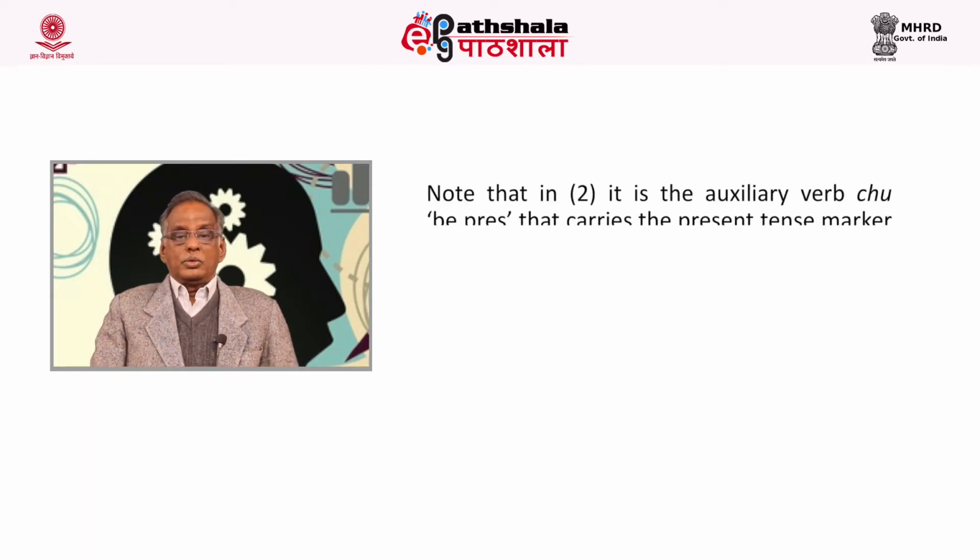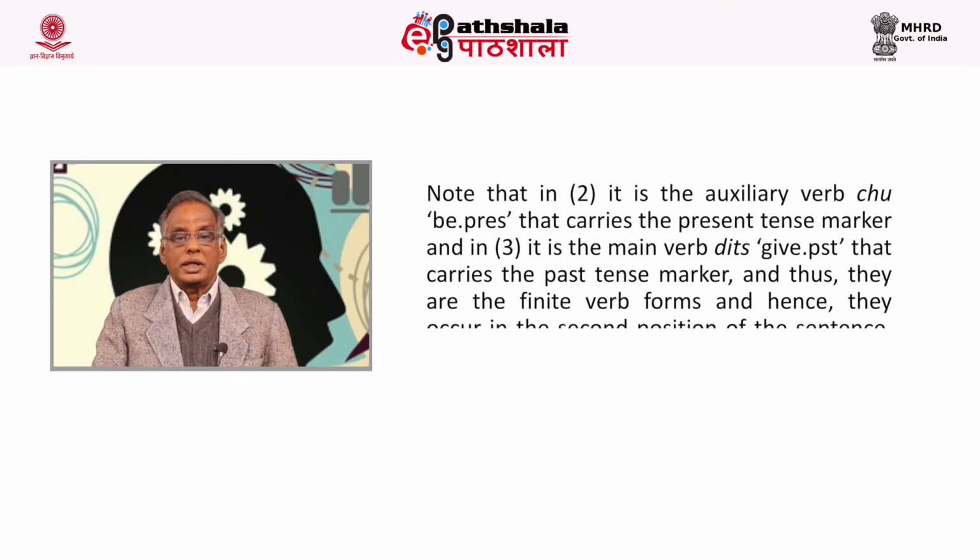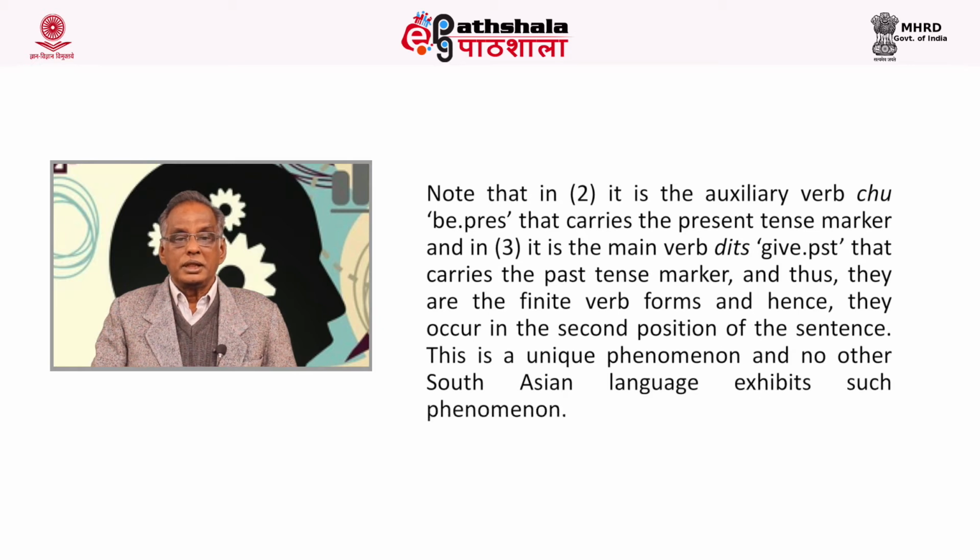Note that in 2, the auxiliary verb chu carries the present tense marker. In 3, the verb dits, give past, carries the past tense marker, and they are both finite forms of the verb. Hence, they occur in the second position of the sentence.